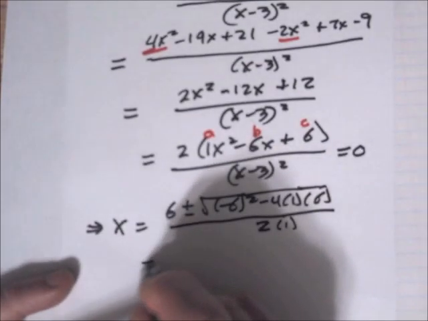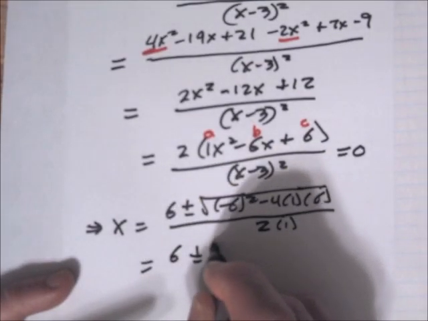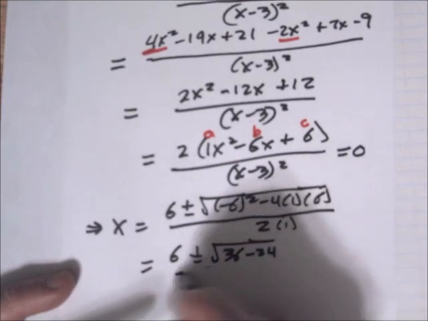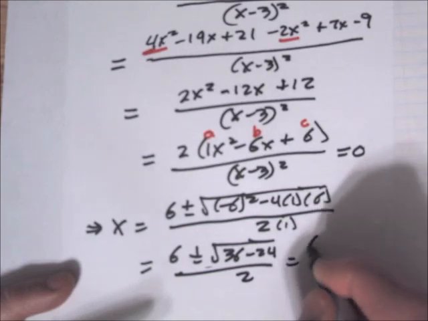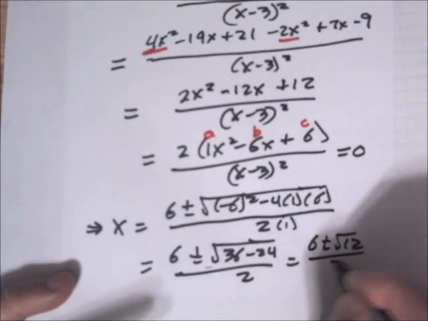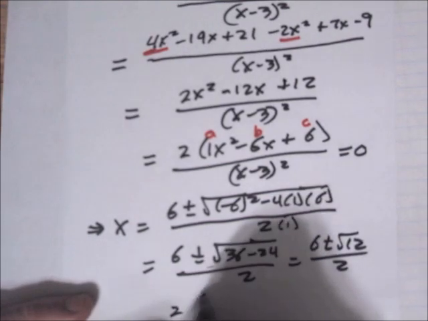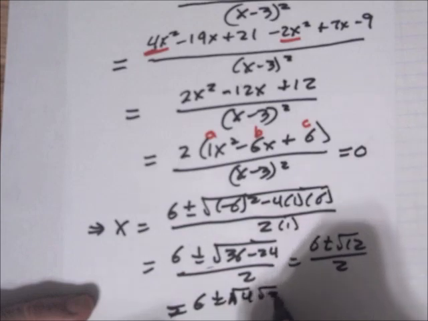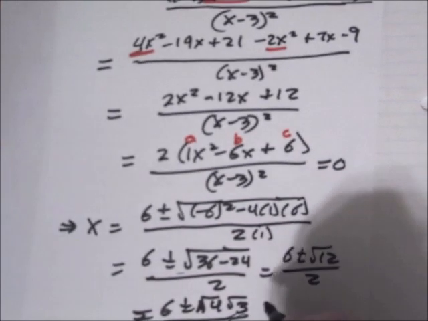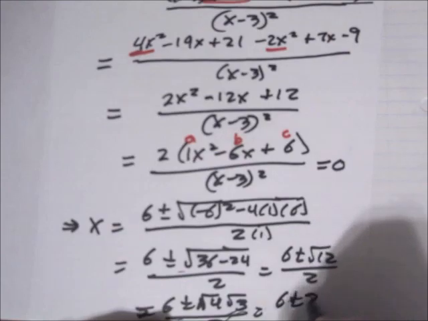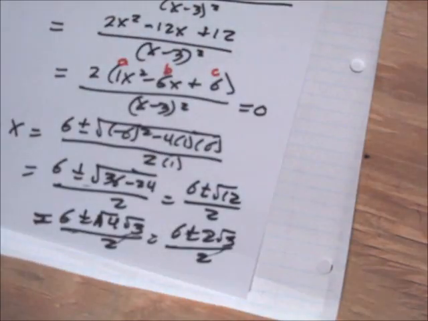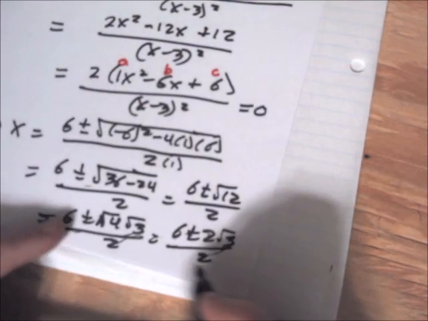Okay, so this will be 6 plus or minus the square root of 36 minus 24 over 2. 6 plus or minus the square root of 12 over 2. 6 plus or minus the square root of 4 times the square root of 3 over 2. So this is going to be 6 plus or minus 2 root 3 over 2. And if we divide both terms by 2, we're going to get 3 plus or minus root 3.